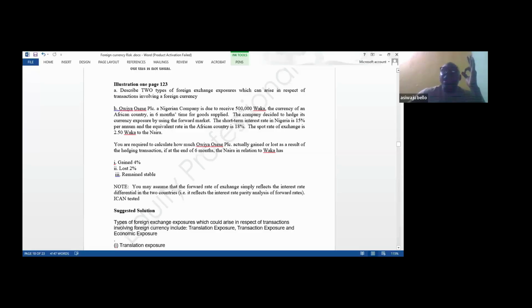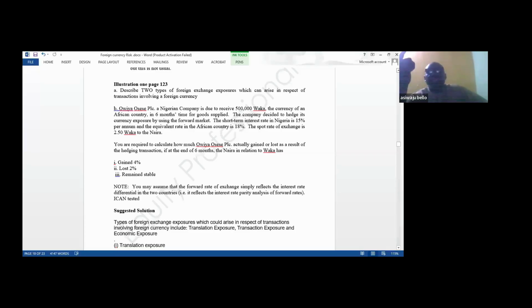You are required to calculate how much Owiya Osese PSC actually gained or lost as a result of hedging instruments, that is, if the company hedges using the forward market.